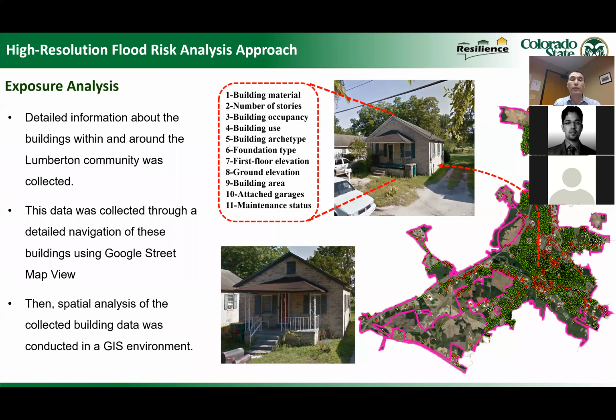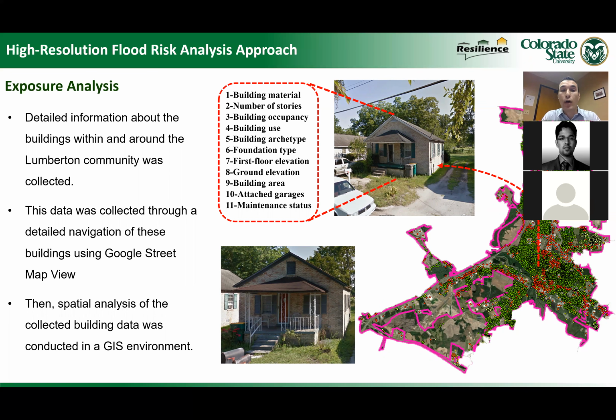So moving from the hazard modeling to modeling the community, we needed to model every building within the community. So we needed detailed data about each building. We were able to get some of them from the North Carolina spatial data download. However, we were missing many data that we needed for our analysis.